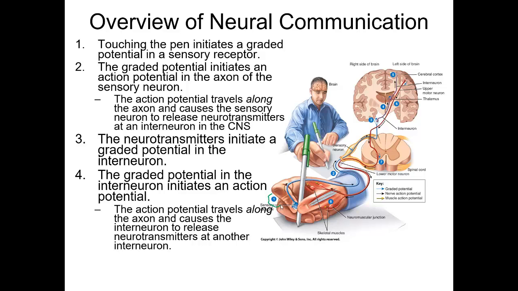In point number 1, you touch the pen. You have a sensory receptor in the skin of your finger that is initiated, and a graded potential is started. A graded potential travels along the dendrites, travels along the axon, initiates an action potential, and an afferent signal is initiated.